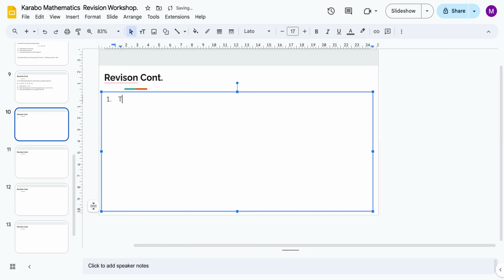So my general term is given as Tn is equal to A plus n minus 1 times some constant difference D. All right. Now I already established that my A is the value of my first term. This is equal to 7.